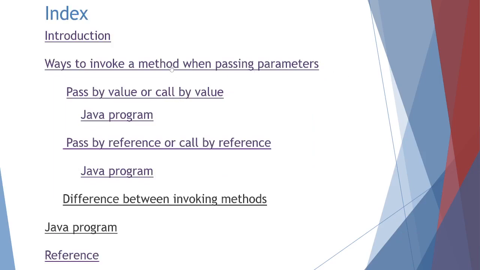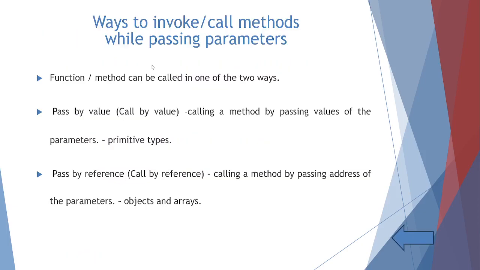Now, ways to invoke, different ways to invoke a method. A function or a method can be called in two ways. First one is pass by value, which is also known as call by value. In this method, calling a method is done with the passing of a copy of the parameters.